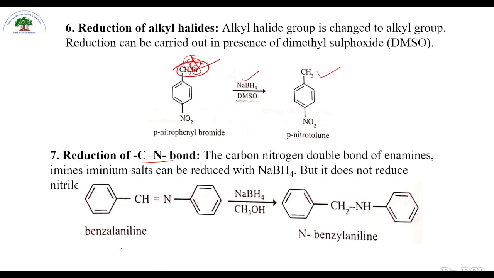So here benzylidene aniline in the presence of sodium borohydride in methanol gives N-benzyl aniline. So here this C double bond N is reduced, or reduction of the C double bond N takes place. Thank you.